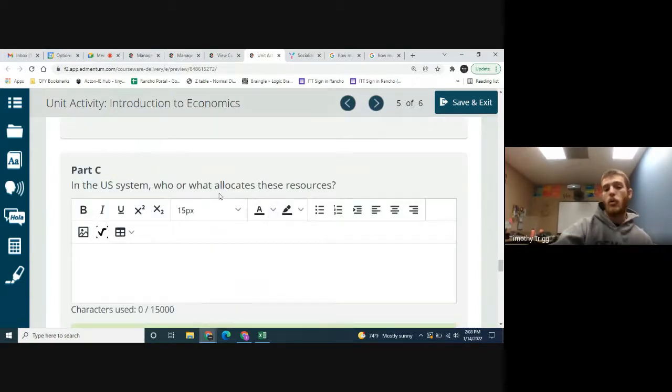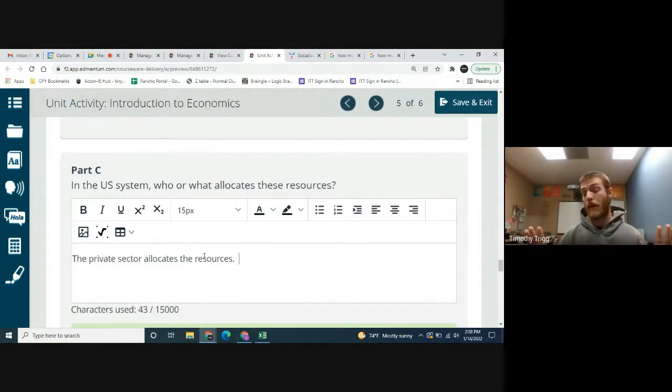In the US system, who or what allocates these resources? So again, this is the markets or the private sector. This is why in the US, if you're wealthy, you can get the best healthcare that can be found in the world. You can get the absolute best healthcare in the world in the US if you're wealthy or you have insurance.